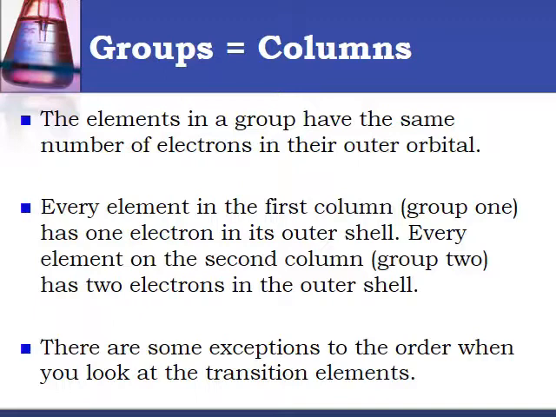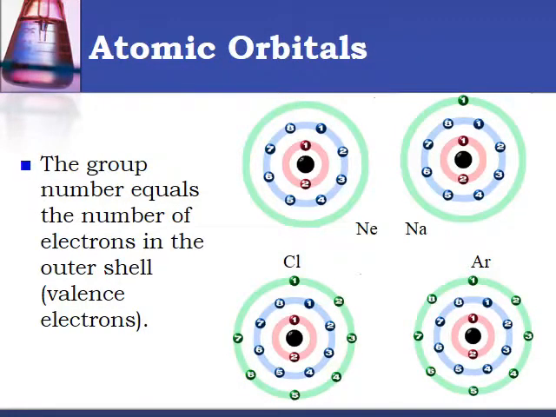Now, like I've said before, we're really concentrating on the first 3 rows in the periodic table, because things get a little tricky when you get to the transition metals and the alkaline earth elements, which are down below row 3. But for the first 18 elements on the periodic table, which is what we're focusing on, this is our rule that we're following. So again, the group number equals the number of electrons in the outer shell.